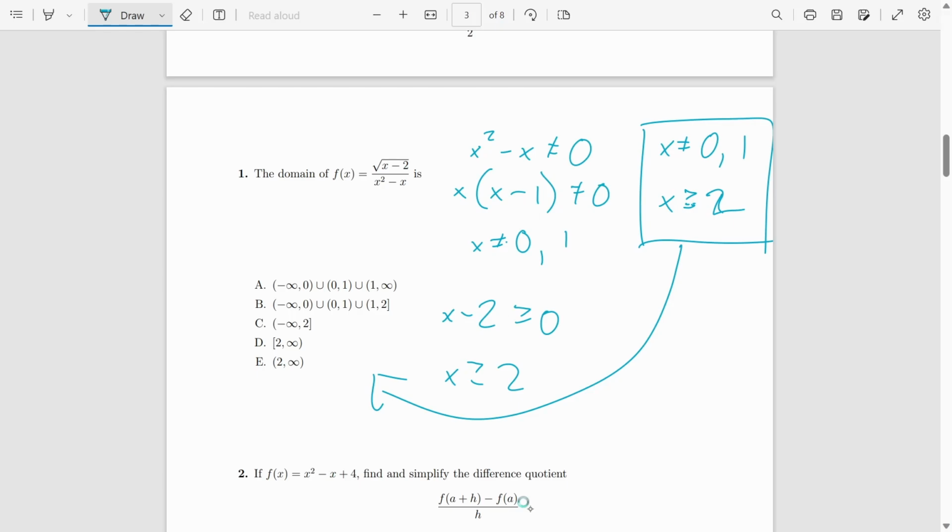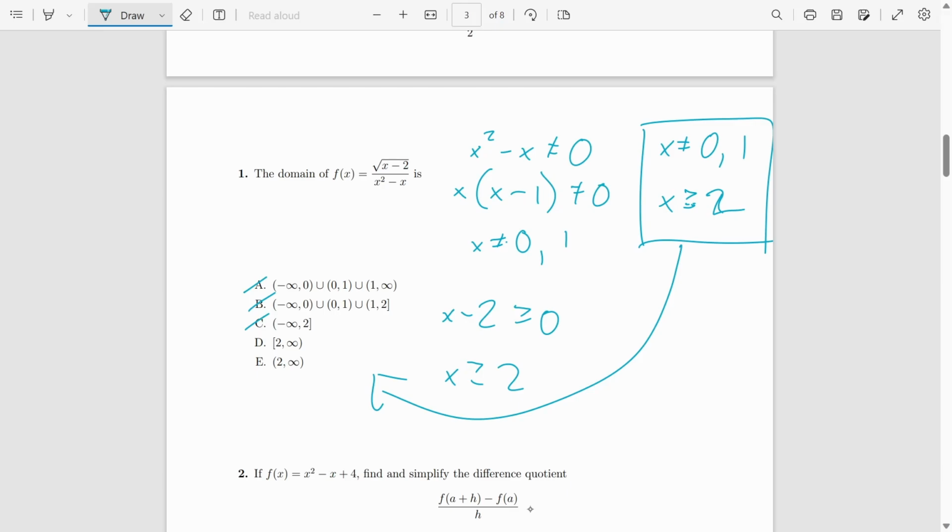Okay, so we know that A, B, and C are all wrong because they go all the way down to negative infinity, but we know that it must stop at 2 and be greater than it. So these ones say anything below that is okay. It goes all the way down to negative infinity, but it can't. So it's not any of those.